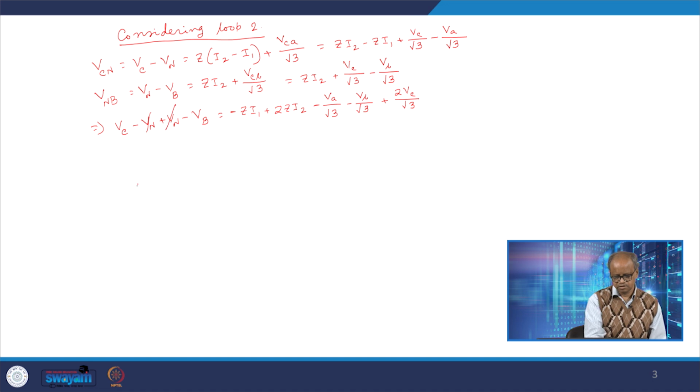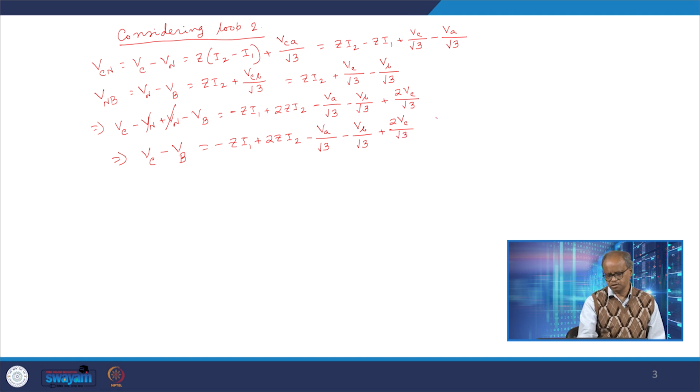So Vn cancels out. What is remaining is V capital C minus V small b to V small c by root 3. So this equation, we say that this is equation 2.